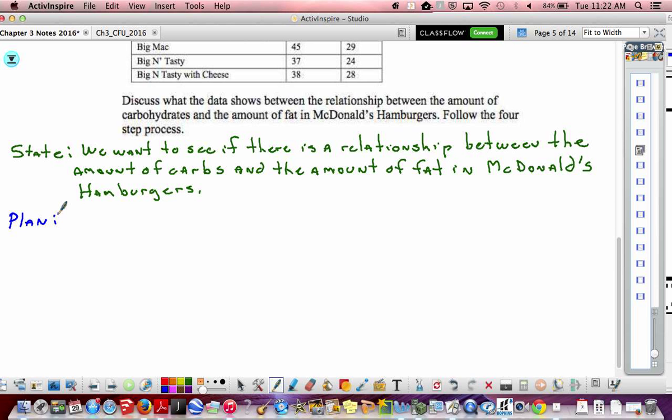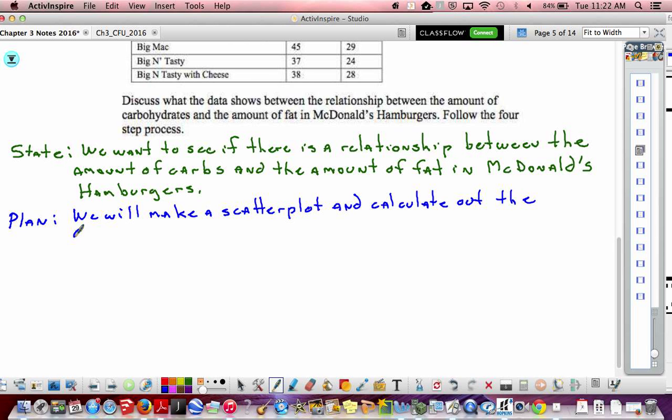Okay, so we will make a scatter plot and calculate the correlation coefficient. And that symbol is known as R.